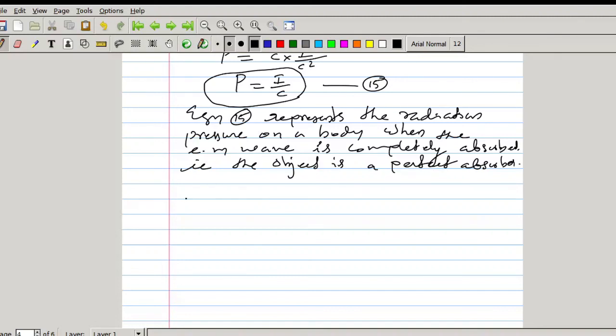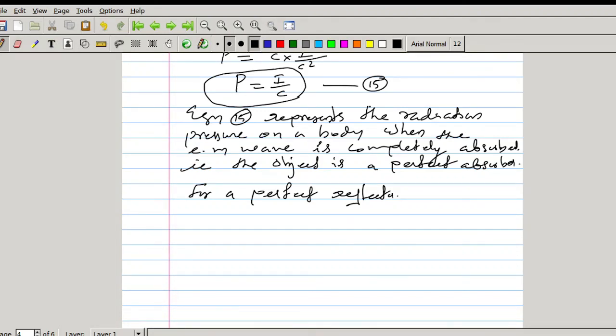Now consider a perfect reflector. For a perfect reflector, its change in momentum will be twice. If it is incident with a momentum P, then it will be reflected with a momentum P in the opposite direction. So that will be minus P. Change in momentum will be minus P minus P, so it is minus 2P.